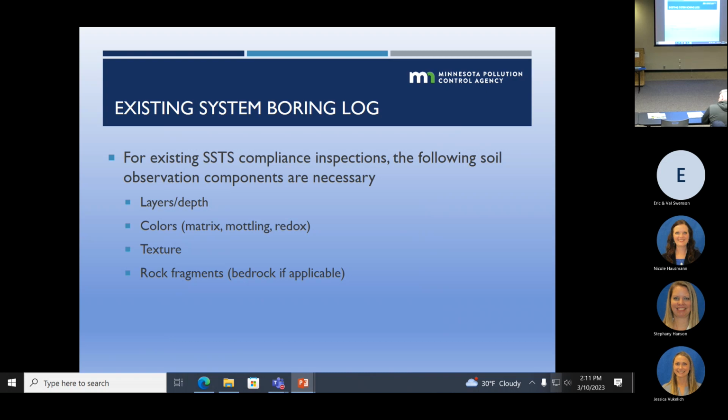So if you're doing a compliance inspection on an existing system, that's what the minimum is for the information. That's for you doing your own log. That's for prior soil observations as well. So if you say, I'm going to use some prior work, and you look at it, and all it says is sand and a depth, and there's no color, for example, then that's not something you're able to use. Okay?